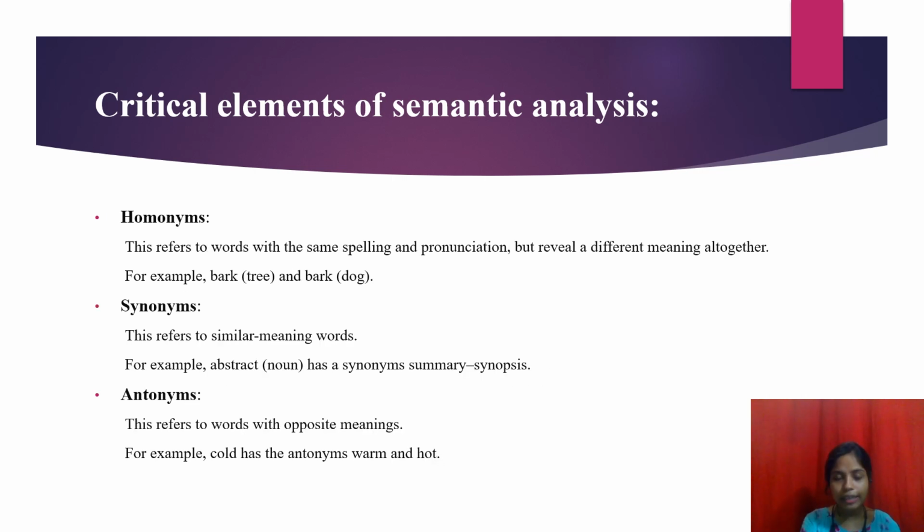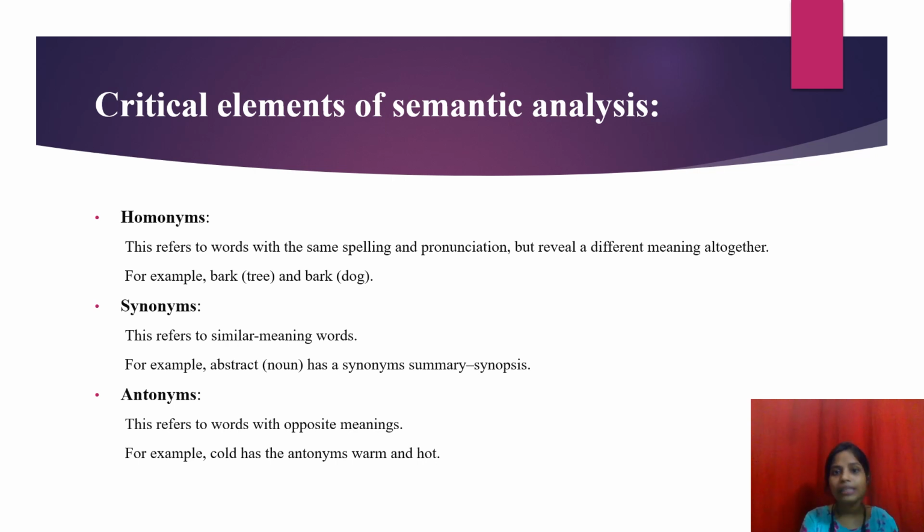The fourth critical element is homonyms. These are words that have the same spelling and pronunciation, but mean completely different things. For example, bark can mean the sound a dog makes or the outer covering of a tree. Despite looking and sounding the same, they have different meanings.